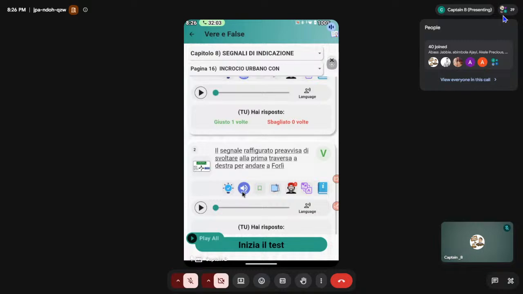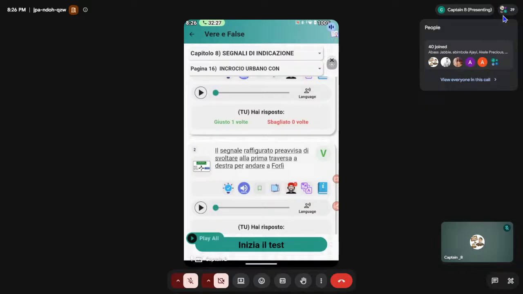Now, what is this referring to? Preavvisa, announcing of svoltare alla prima traversa, which is turning, okay, like you are turning, a destra, you turn to your right.